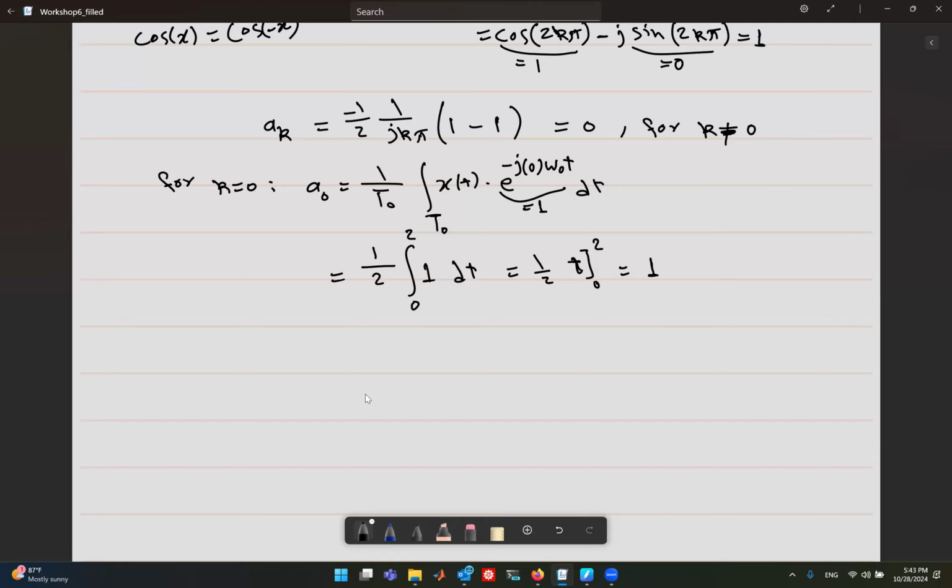It will be 2 minus 0 divided by 2. So we have AK equals 1 when k equals 0, and 0 when k is not 0.